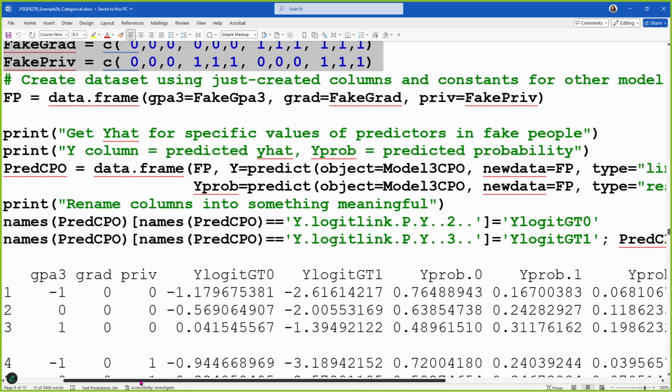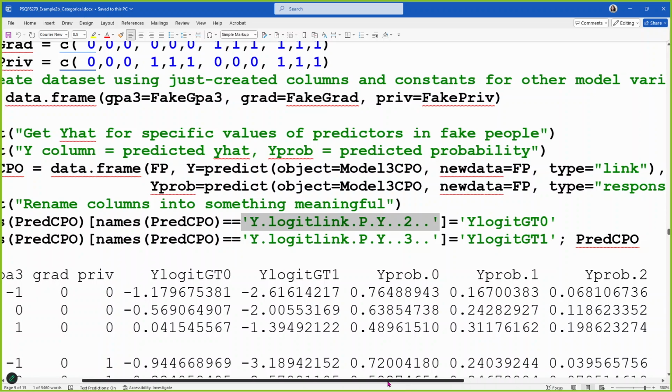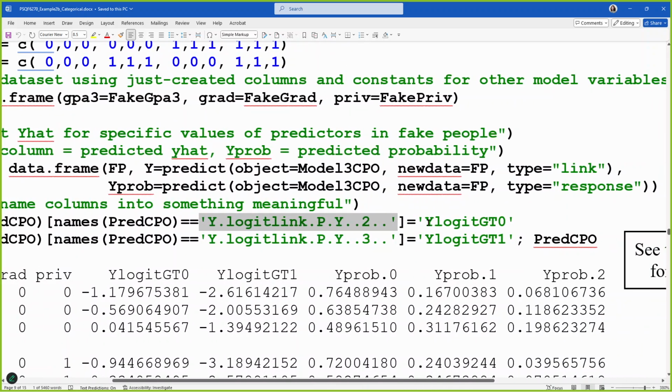The result is columns named things like this. So I figured out how to rename them. The model is directly predicting the logit of a response greater than 0. That's one prediction. And the predicted logit of a response greater than 1.